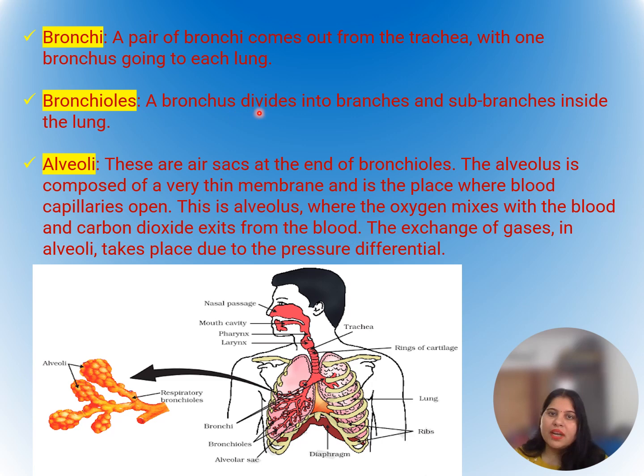So a bronchus divides into branches and sub branches inside the lungs. Bronchioles are the sub branches of the bronchi. Now bronchioles are also further divided into branches known as alveoli, and alveoli are the actual site of gaseous exchange.